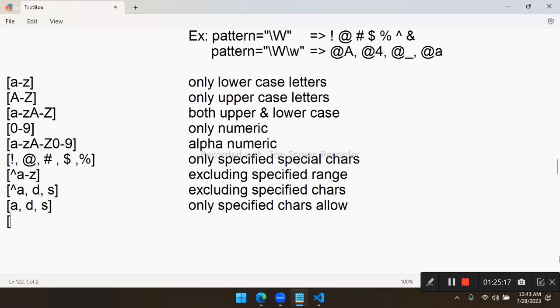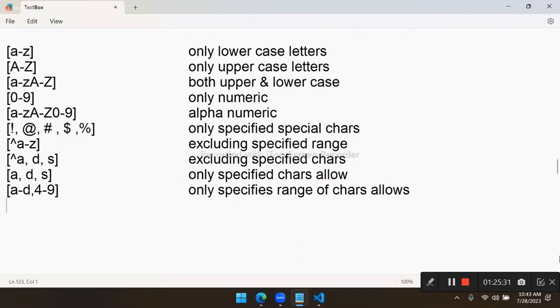So suppose you can write A-D and you can write 4-9. This indicates only specified range of characters allowed. Range, that means any value between A to D and any number between 4 to 9. You can write like that.